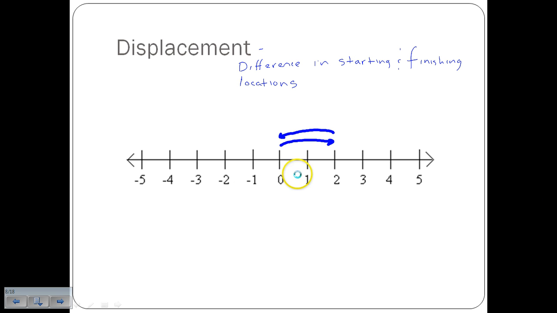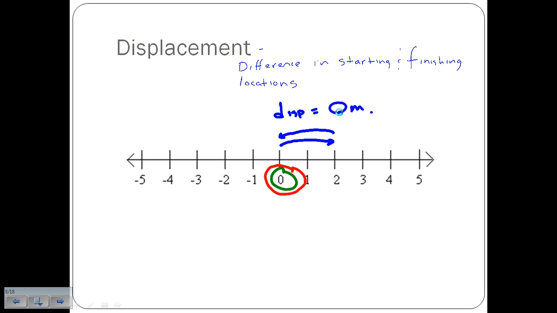So where did I start? I started here. Where did I stop? I also stopped here. So that means that my total displacement is 0 meters.